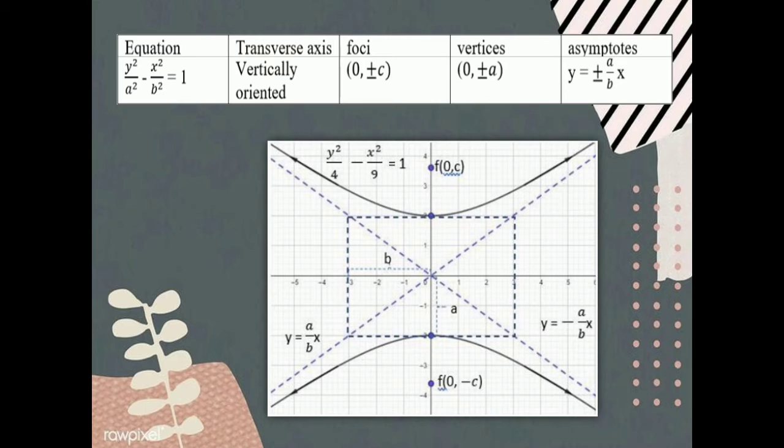The coordinates of the vertices are (0, plus or minus a). The coordinates of the co-vertices are (plus or minus b, 0). And the equations of the asymptotes are y equals plus or minus a over b x. And this is an example of the graph of the equation y squared over a squared minus x squared over b squared equals 1.